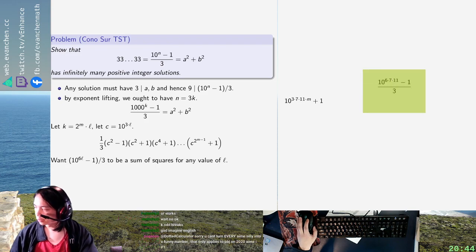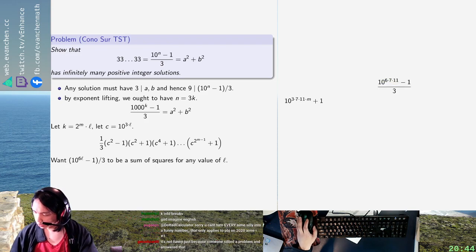If there's a bad prime factor in here and I add it to here, then I'm forcing the resulting thing, which is always 1 mod 4, to have another bad prime factor, and it won't be one of the existing ones.